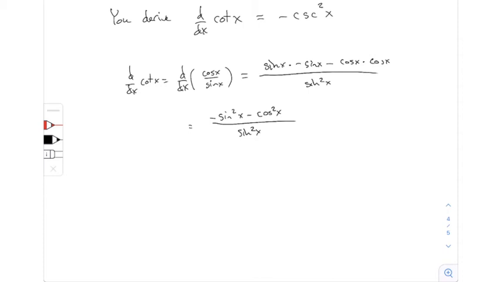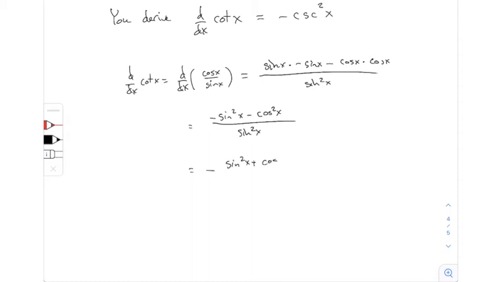Which do I do next? I know some of you did it. Make the numerator, yeah, the numerator is equal to -1. The way I would think that through is maybe factor a minus sign out of the whole thing.